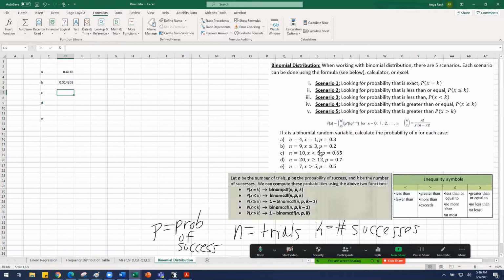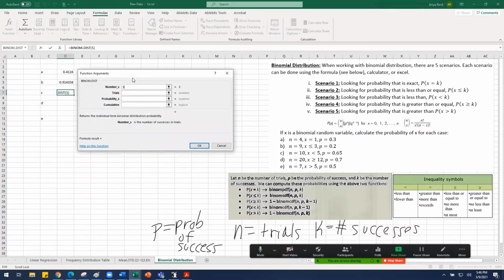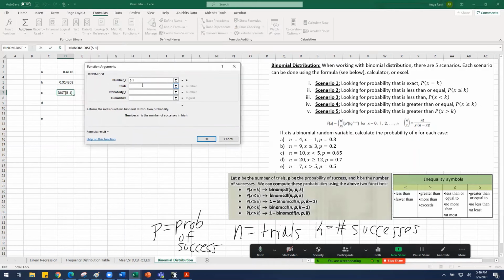So instead of using 5, we'll type 5 minus 1. So formulas, more functions, statistical, binomial distribution. So 5 minus 1 is our number of successes. Our trials was 10. The probability of success was 0.65. And this is a cumulative, so we use true.